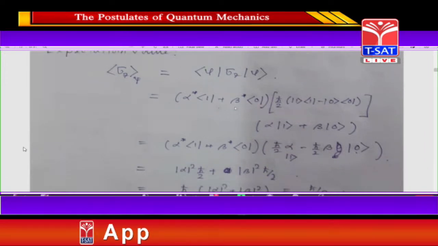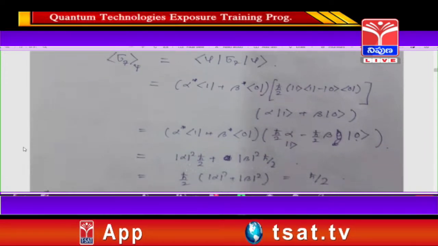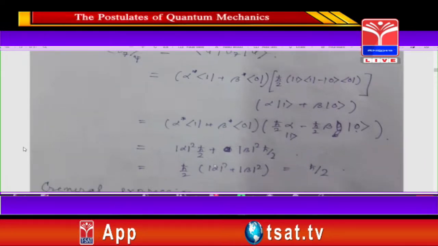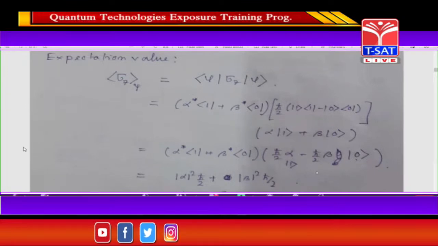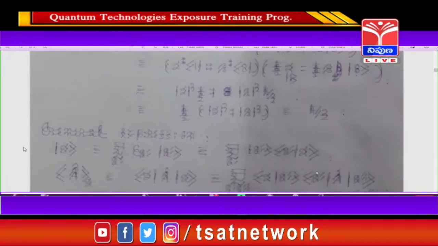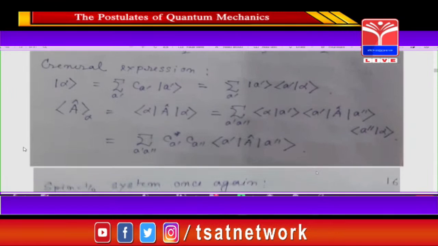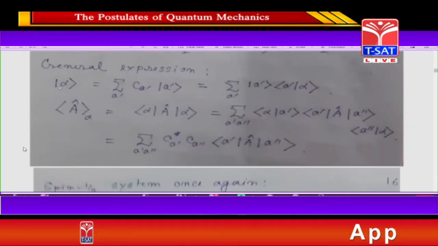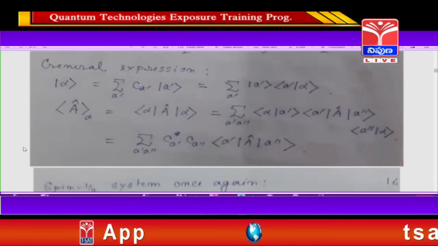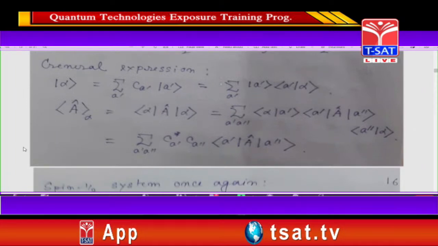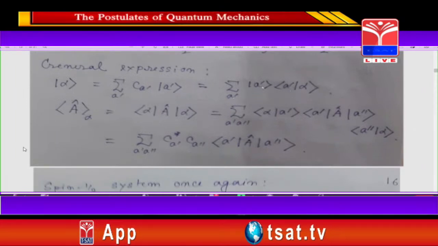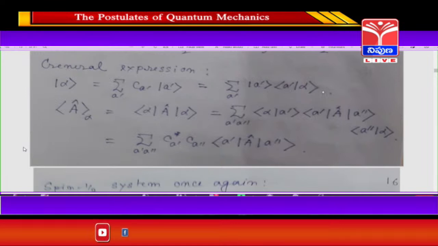If you calculate this, you will find that it is mod alpha square h bar by 2 minus mod beta square h bar by 2. So this gives us something other than h bar by 2, and it is different from the eigenvalue. In a general expression, it is like this. Say alpha is the sum over a prime of c a prime a prime, which can be written as a sum over a prime alpha.